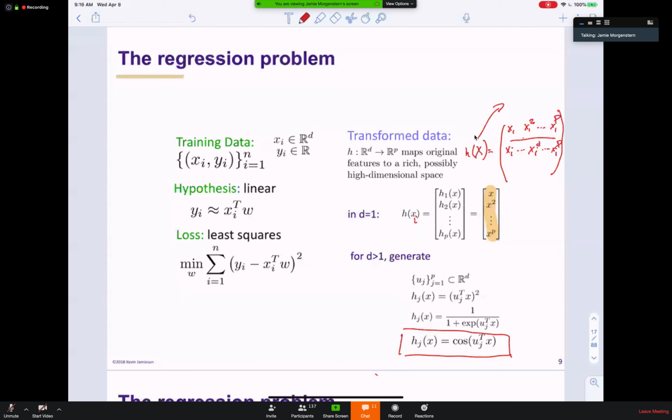We're not forcing ourselves to use the same functional form for each hi. Oh, okay, I understand. Thank you. Yeah, good. That's a very good question. We certainly don't have to map each of our features in the same way. Okay. All right. Great.